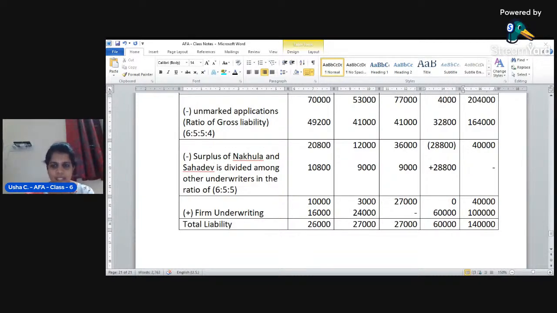Everyone got it? Anybody is having any doubt? Yes. 26,000, 27,000, 27,000 and 60,000. Total of 1,40,000 is the total liability of the underwriter when firm underwriting is treated as unmarked application. Everyone got it? Anybody is having any doubt in this?